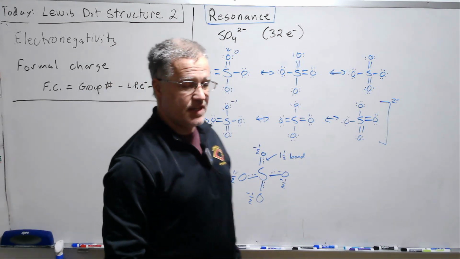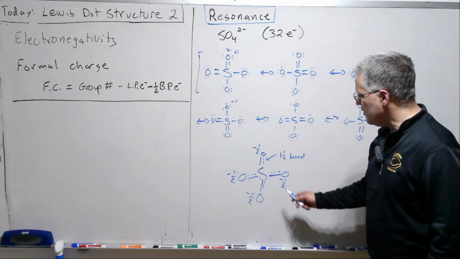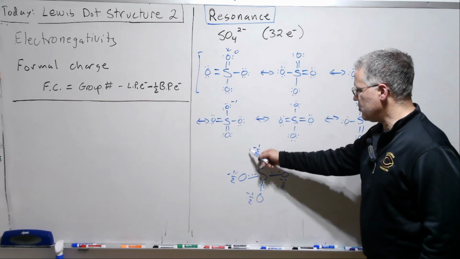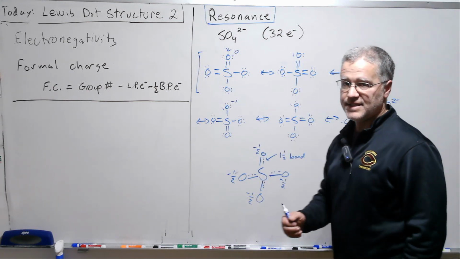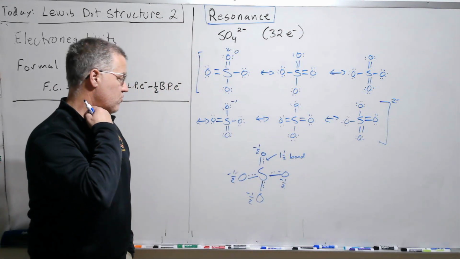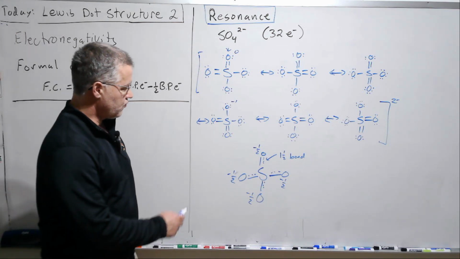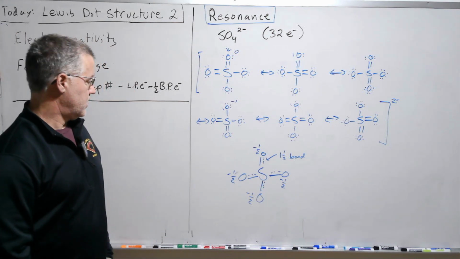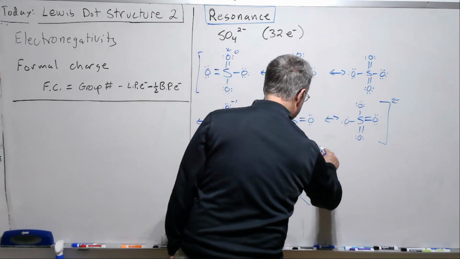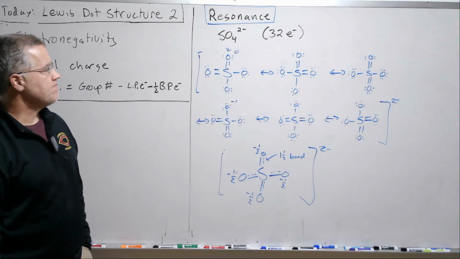And so we can see that we have improved the situation. We have, through resonance, gotten a formal charge down to an absolute value of 1/2, which is good. And it's spread out over all of the electronegative atoms. And so this is what we call the resonance structure for this molecule. And again, we should include the overall charge.